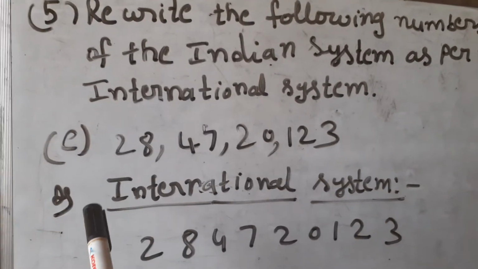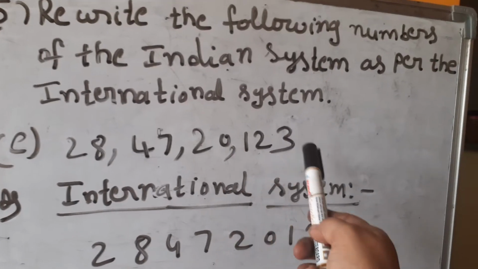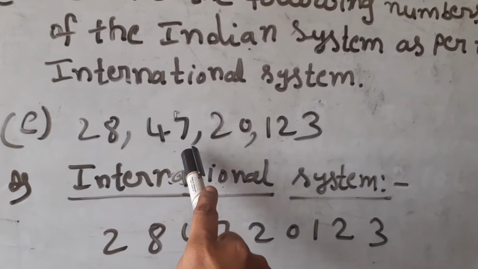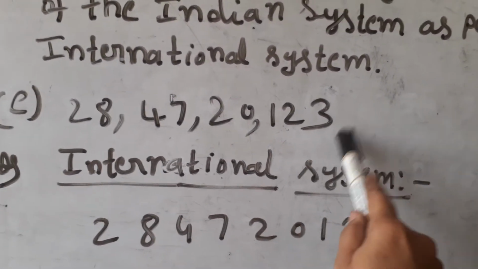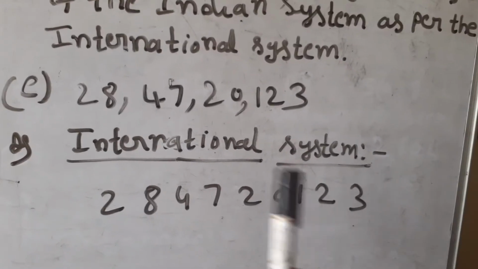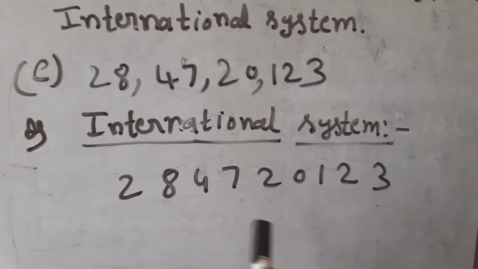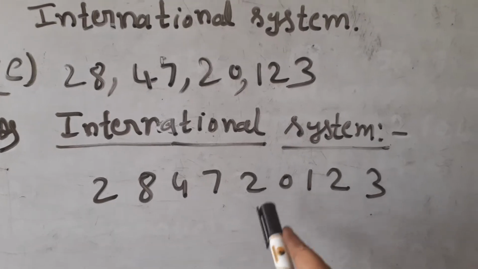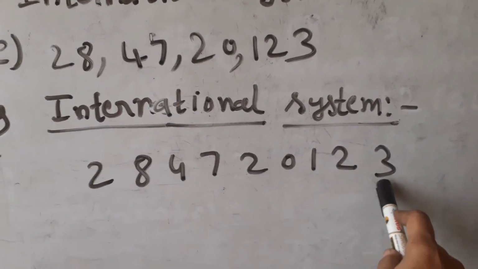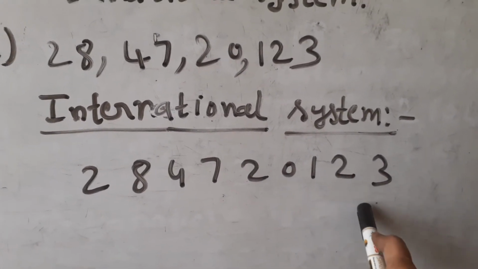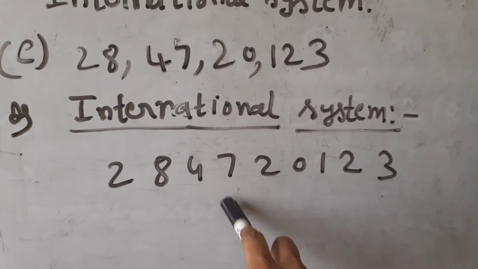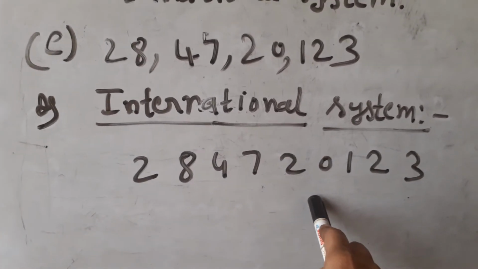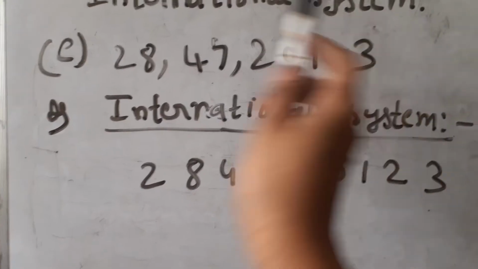Next, 5th main E problem. They are giving the Indian number system, 28 crores 47 lakhs 20,123. So we have to make the international system. 284720123: 123 consists of the ones place, 720 consists of the thousands place, 284 consists of the millions place.